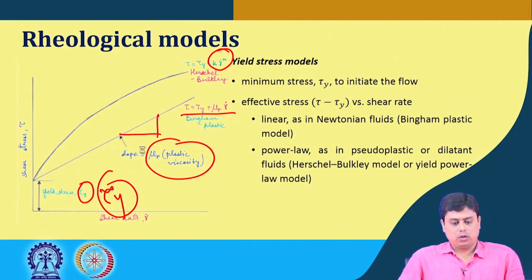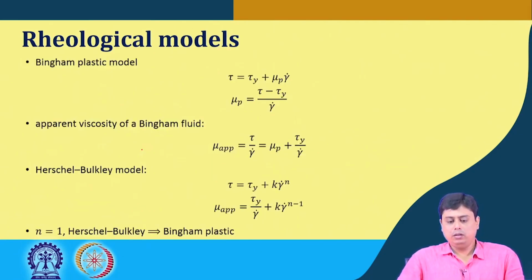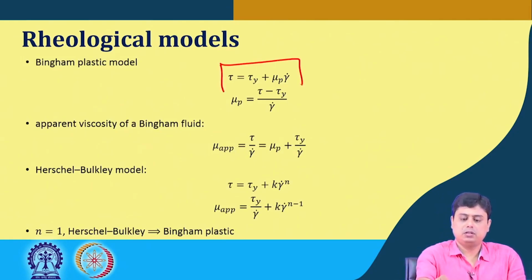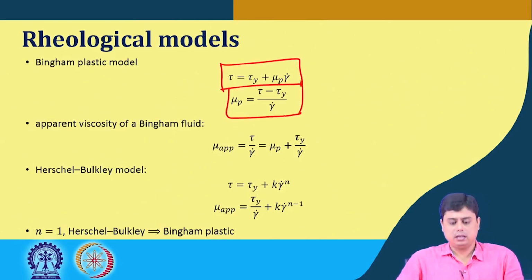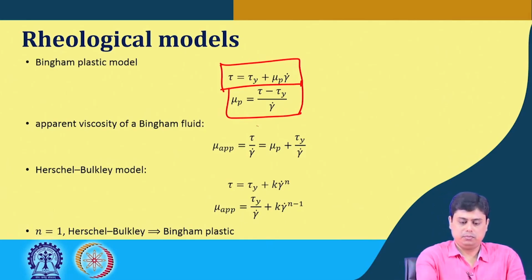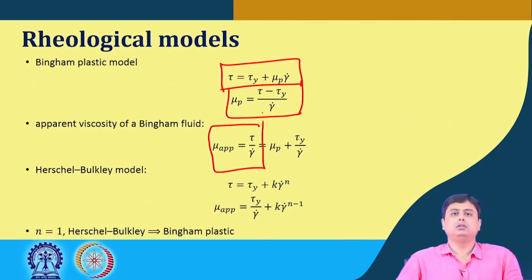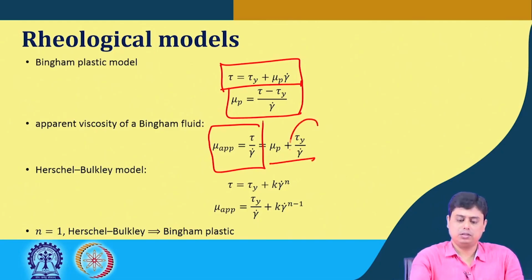If we look into the Bingham plastic model, this is the expression where the plastic viscosity is expressed as tau minus tau y divided by gamma dot, the strain rate. In case of Bingham fluid, the apparent viscosity, defined as tau, the shear stress, divided by the shear rate, becomes plastic viscosity plus this component.